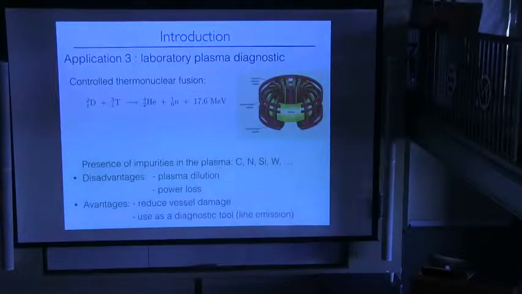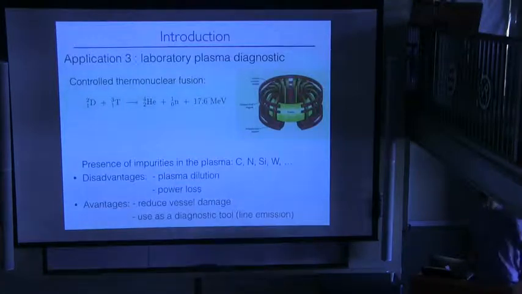So what you can do is use the presence of so-called impurities in the plasma. There are two kinds of impurities. You have these intrinsic impurities, such as carbon, silicon, etc., which come from the wall of the tokamak. Because the plasma hits the wall, it brings impurities back into the plasma, which is a big problem, because you lose power, etc.